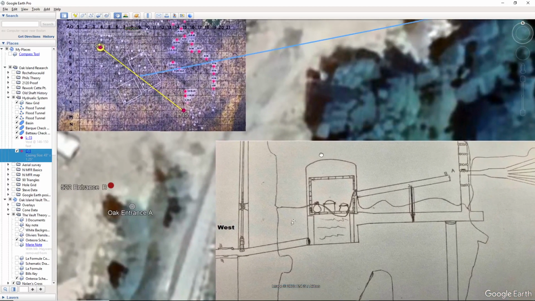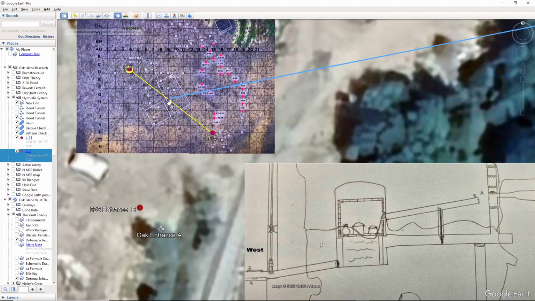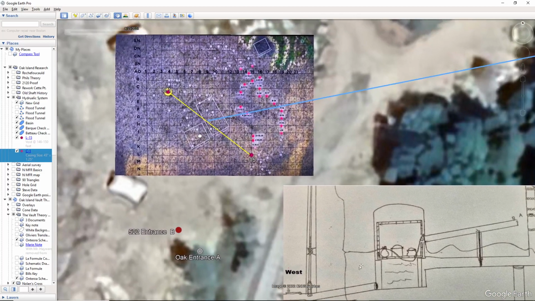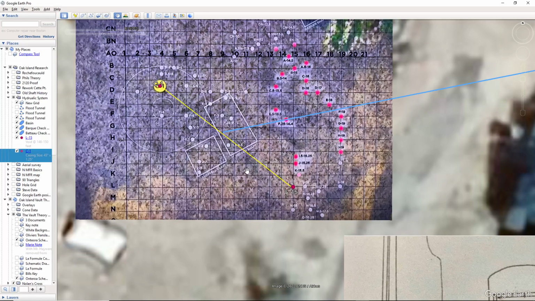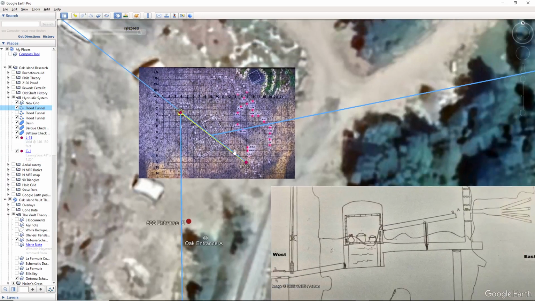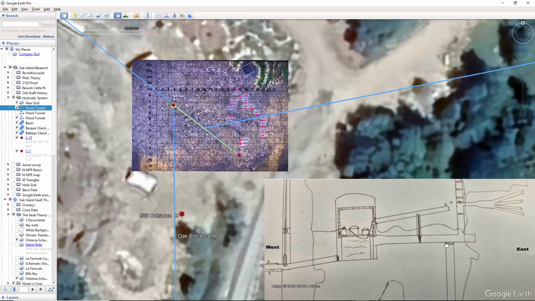And if we take this line, here's L15, the most recent one, and we take C1 and we draw a line, and the distance between here is 70 feet, and we put in the flood tunnel that we think is matching the OnTR schematic.